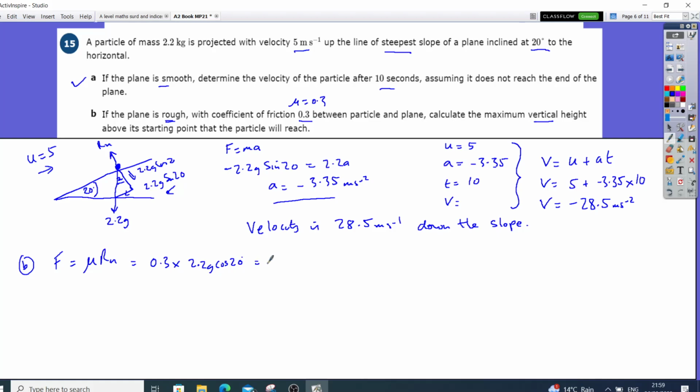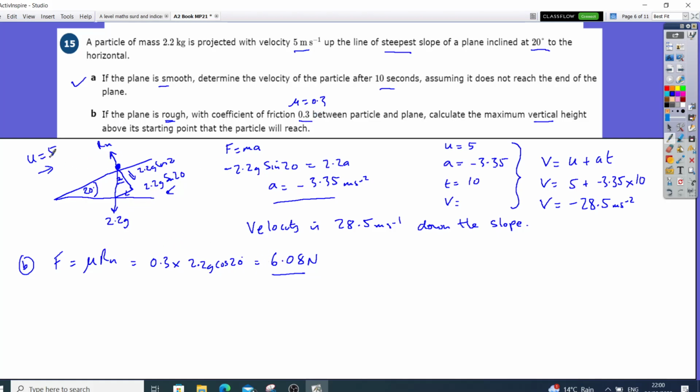If you put that in your calculator, 0.3 times 2.2 times 9.8 cos 20, making sure your calculator's in degrees, you're going to get 6.08 to three significant figures newtons. So that's the friction that's going against it.